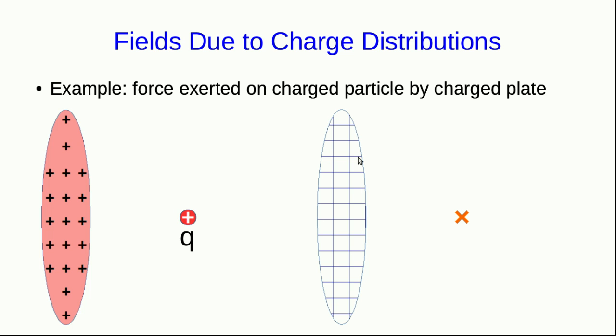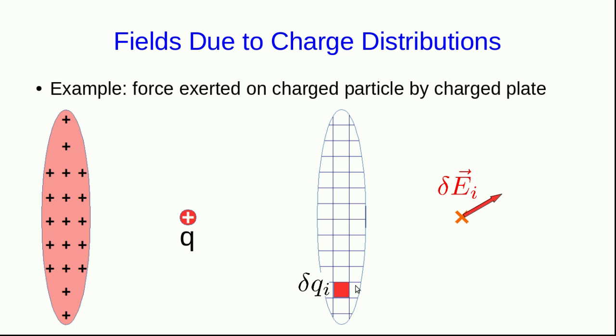What we do is we think of breaking the plate up into little pieces, and we think of the location of the charge. Now, we can think about each little piece as if it was a point charge and calculate the field at the location due to that little piece. We do this for each little piece of the plate and sum them up to get a total field at this location.